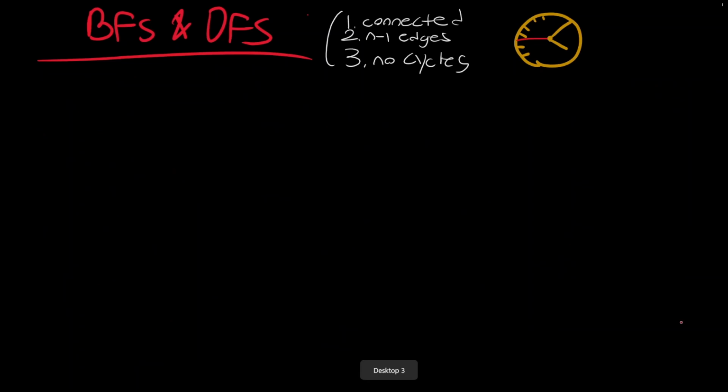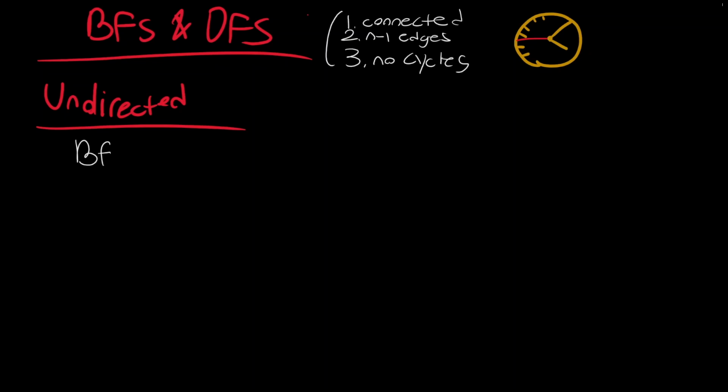So again, to put this all together, let's do it like this. We can do undirected. For BFS, we have tree and cross edges. For DFS, we have tree and back edges.